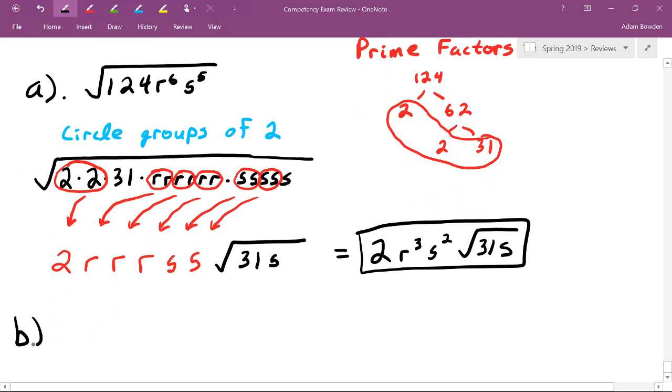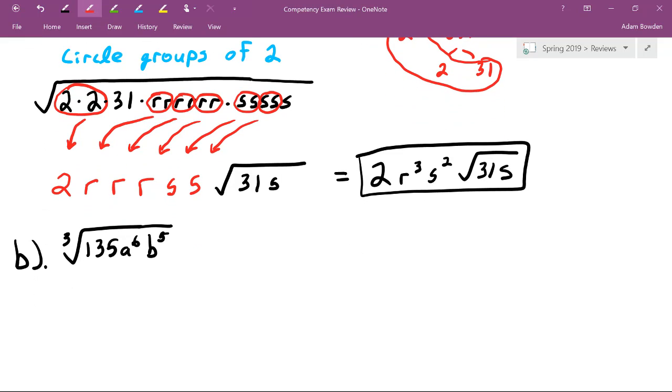Let's look at this next one, where we have the cube root of 135, a to the 6th, b to the 5th. And if you'd like to follow along, go ahead, pause the video here and start off with this question. We'll do the prime factors again for 135.